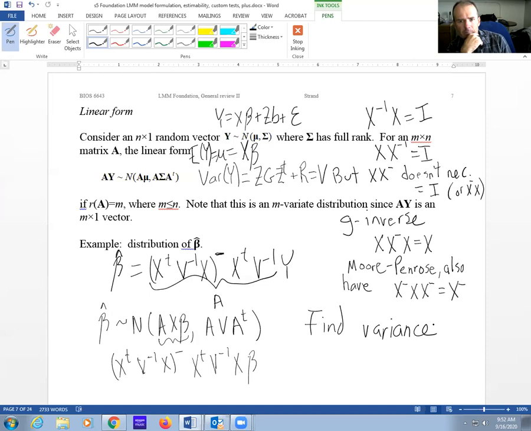And that would be another good exercise, find the distribution of L beta hat. And so maybe I'll find a way to stick that somewhere, like on a quiz or something. I don't know, I'm still thinking about that.